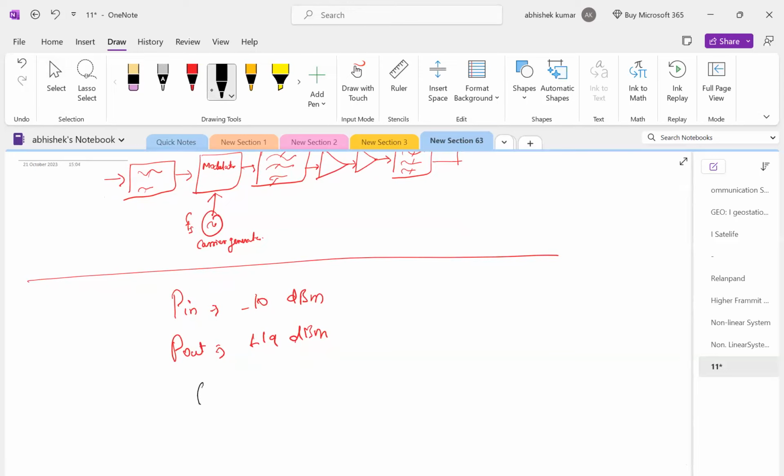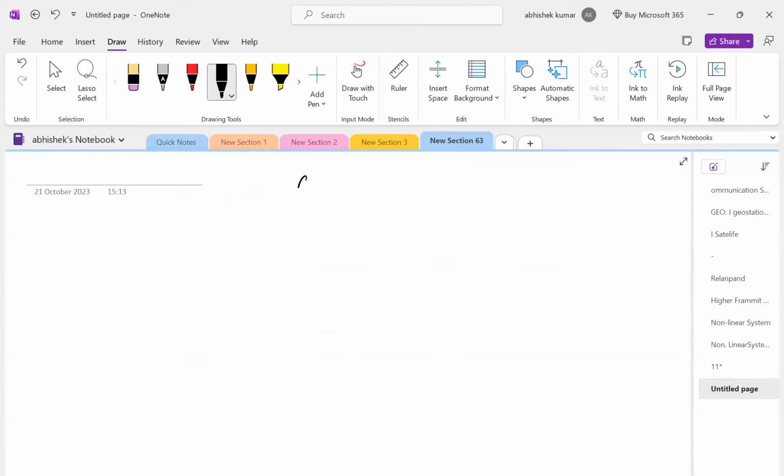So you said that the gain is output over input. Right, gain is output over input, and if we are calculating in dBm, that will be P output in dBm minus P input in dBm, right or wrong? We studied these things, right? In general, gain is P output by P input.